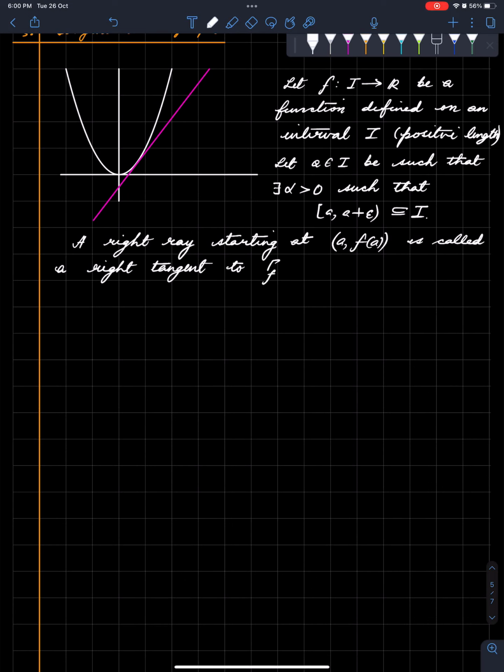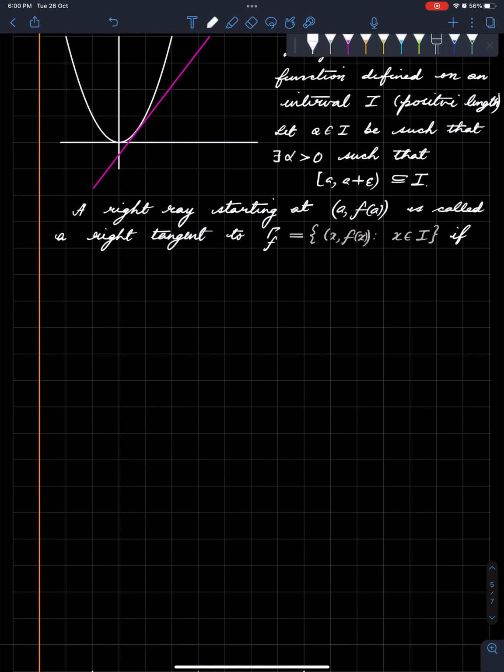Gamma f is the graph of f, remember. Let me write down what that means. It means {(x, f(x)), x in the domain}, is a right tangent to gamma f if something happens, if something which may look somewhat complicated, but we have to do it.